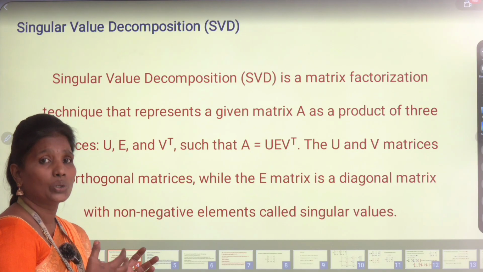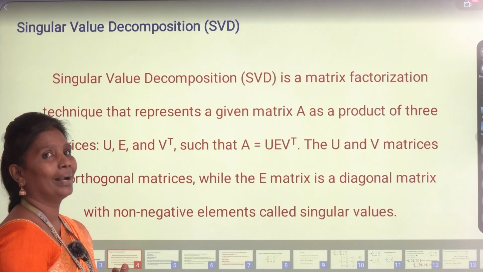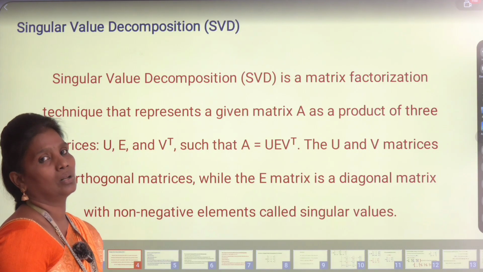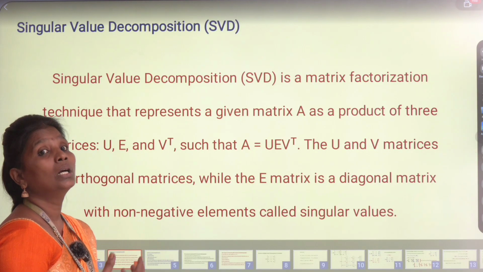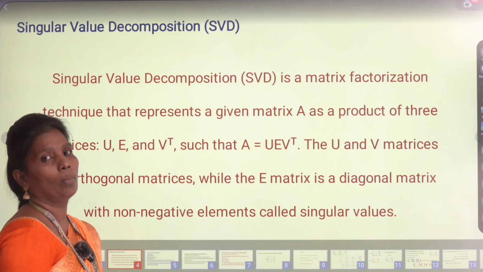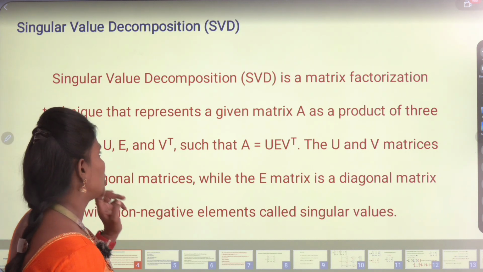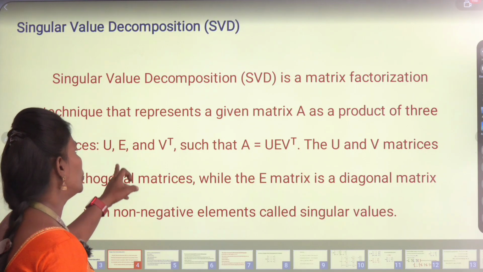We don't use the original matrix, we use the orthogonal of this matrix, because for the original matrix some of the eigenvalues become 0, which means some of the part is lost. If some of the part is lost, you don't know the originality of the given problem or process. So that's why you use a matrix factorization technique that represents the given matrix A as a product of 3 matrices, U, Σ, V transpose.